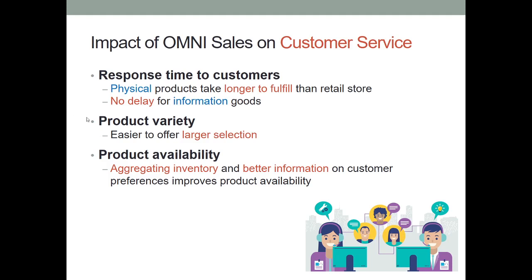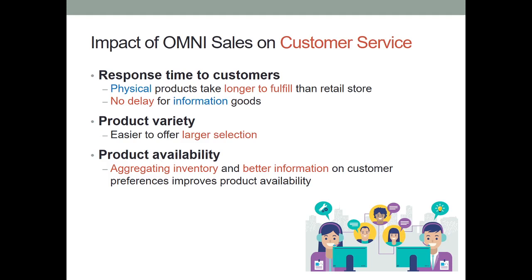Okay, and what about in terms of product variety? For online products, you can view a number of products, so there is a variety of products offered by the online channels. How about the product availability?